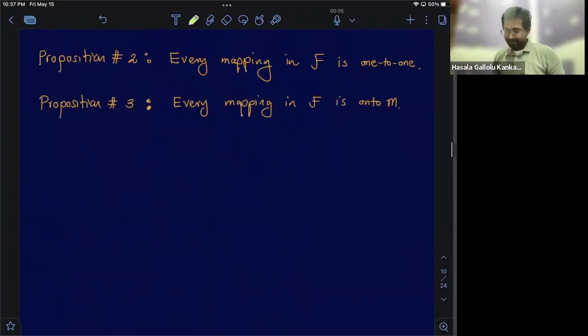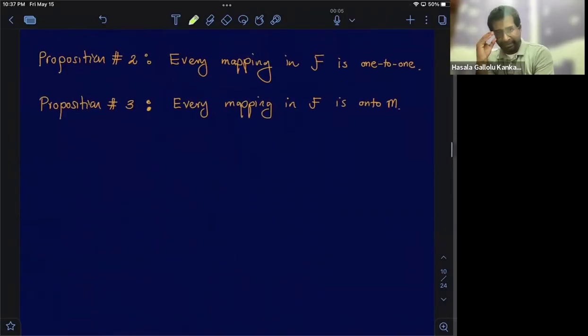Now, look at this. Based on these properties, we did this work right here. We considered that it's going to be a one-to-one mapping. Every mapping inside G_n, any particular mapping, is going to be one-to-one.